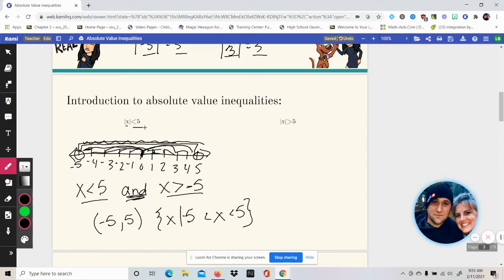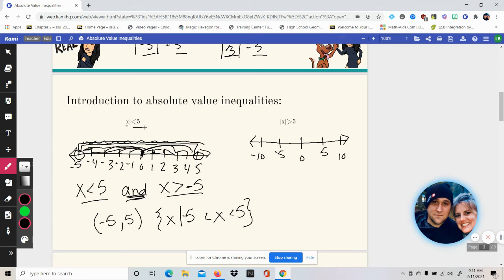So now thinking about the values of x that are greater than 5. We're looking for values of x that are more than 5 units away from 0 on the number line. So we've got 5 out here, we've got -5. I'm just going to count by 5s here. -10, 10.